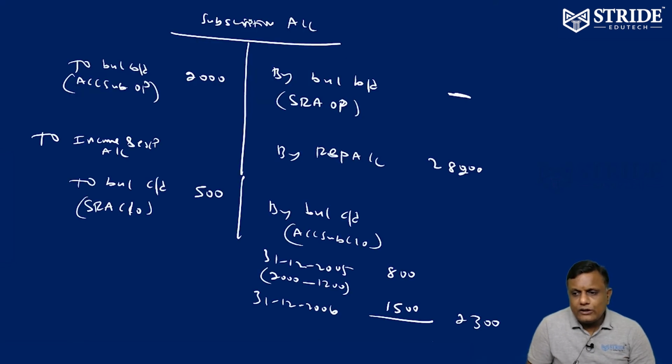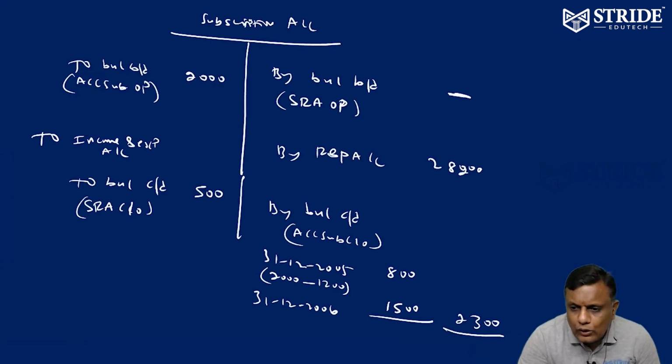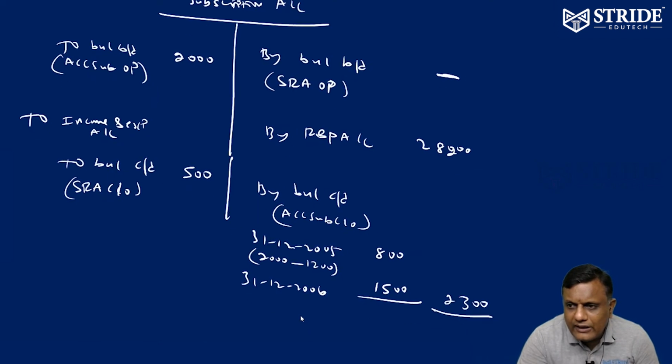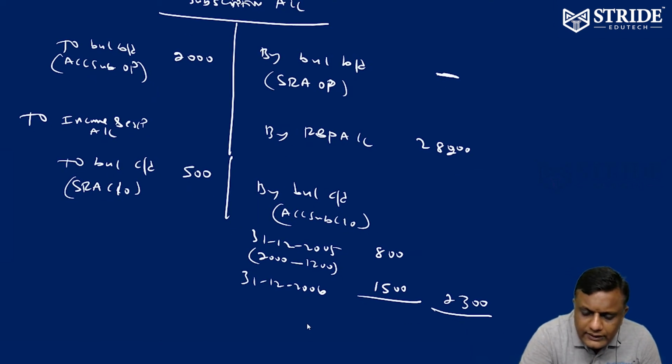Now we can close. Credit side total will be higher. So 28,200 plus 2,300 is supposed to be 30,500.